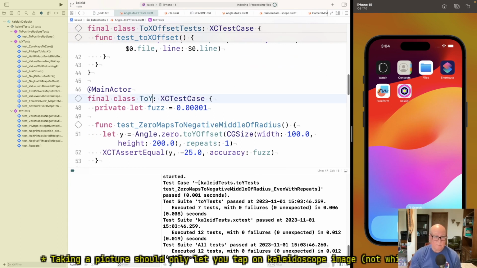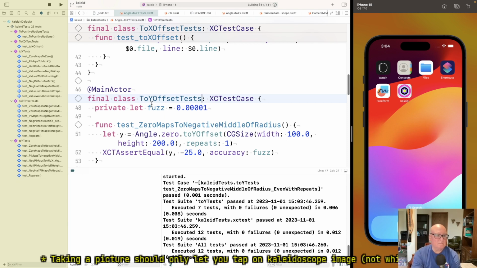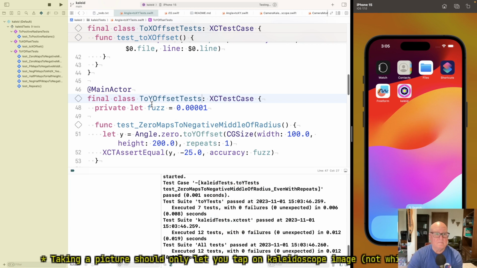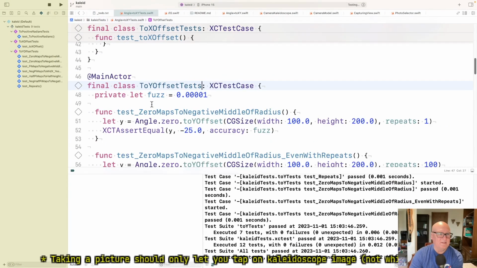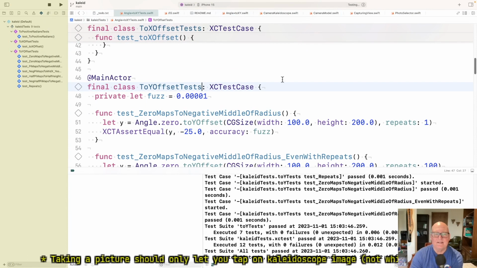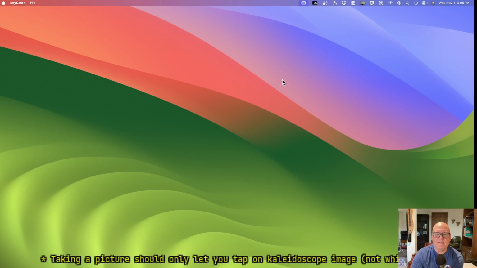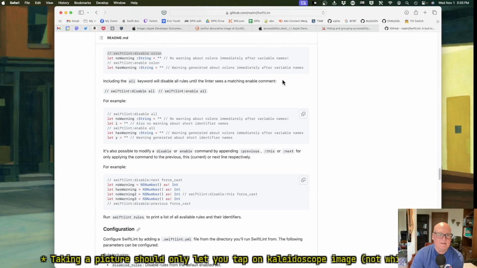And this is really 2y offset tests. Whoops. Where it's running.